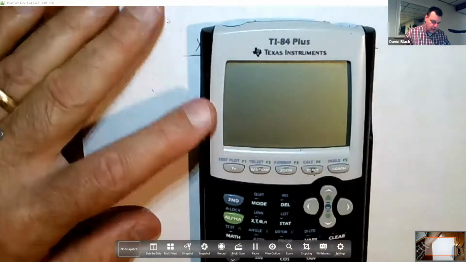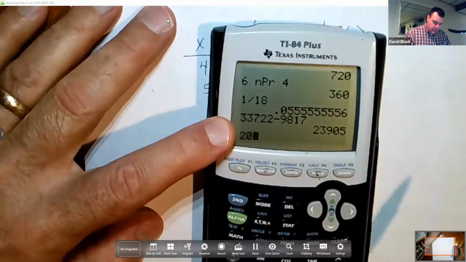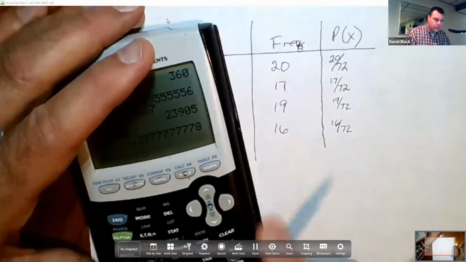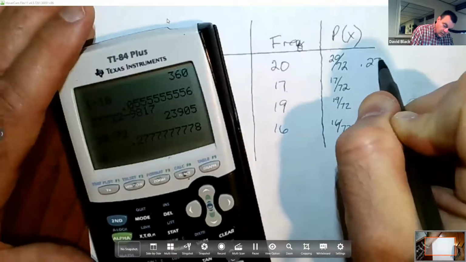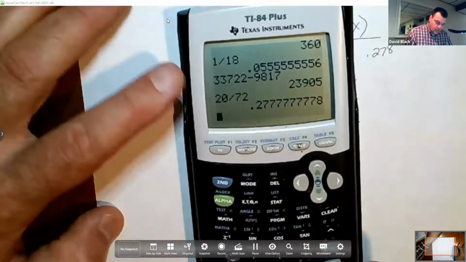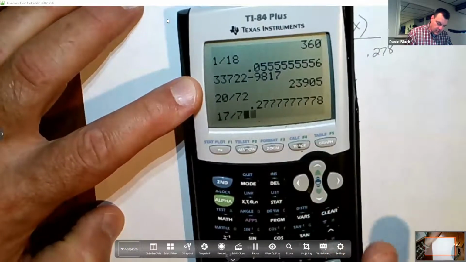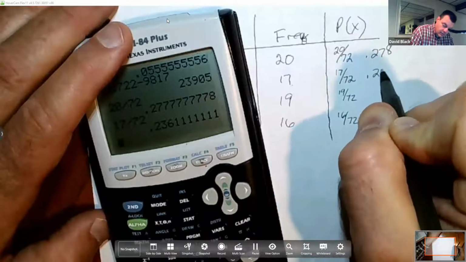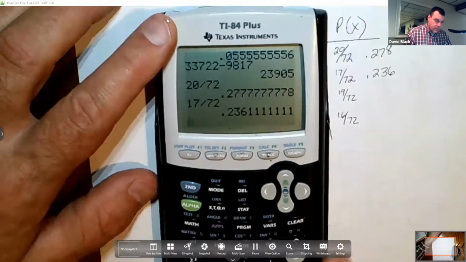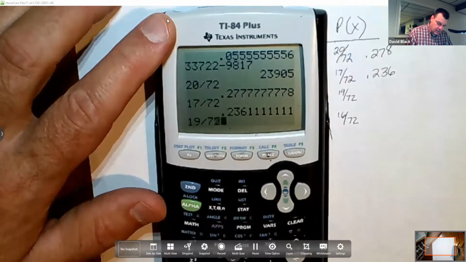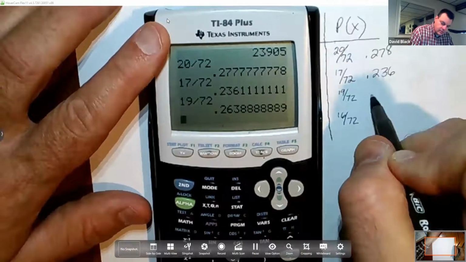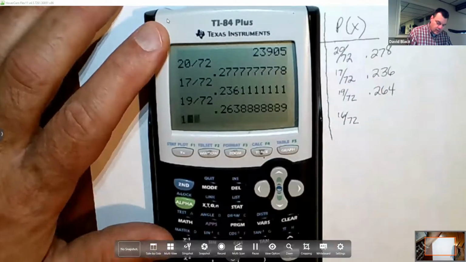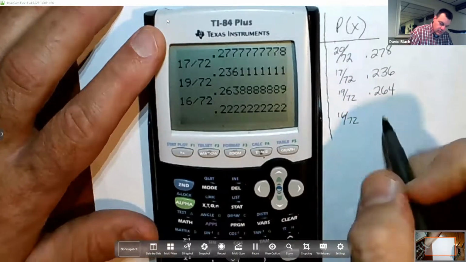So let's say we did decimals. 20 out of 72, let's go to 3 places, is 0.278. 17 out of 72 is 0.236. 19 out of 72 is 0.264. And 16 out of 72 is 0.222.